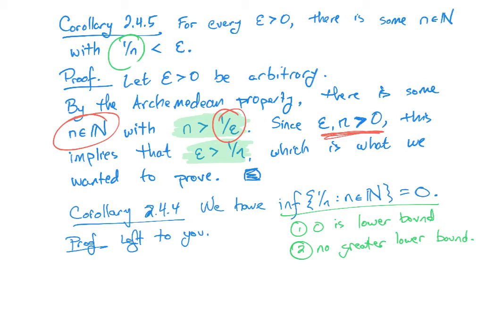The first thing, why is 0 a lower bound? That follows from the order properties. The way I would do that part is we know that for any n in the natural numbers, n is greater than 0. So 1 over n is greater than 0. Does that follow?